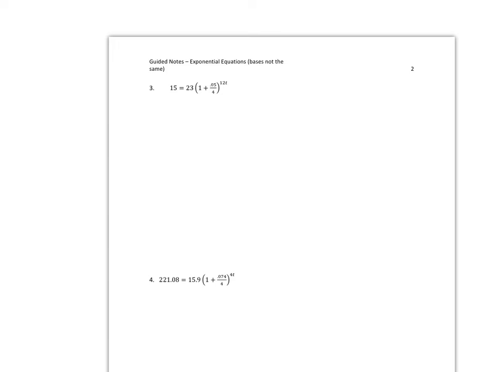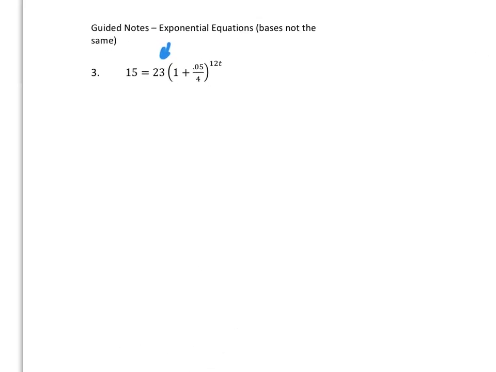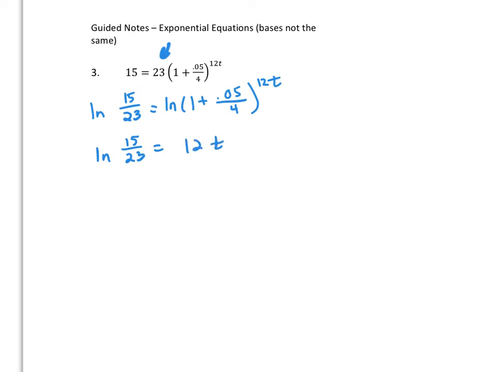All right, let's do another one. What do I have to do first? You're going to have to get rid of that 23. That's 15 divided by 23 equals 1 plus 0.05 divided by 4 to the 12t. Now what do you do? Well, you're going to take the ln of both sides. That gives me ln of 15 divided by 23 equals, bring the 12t down using the property, 12t times ln of 1 plus 0.05 over 4.